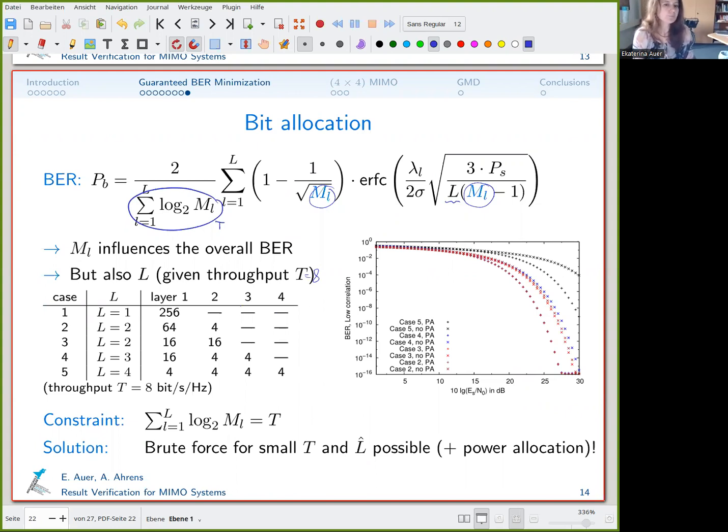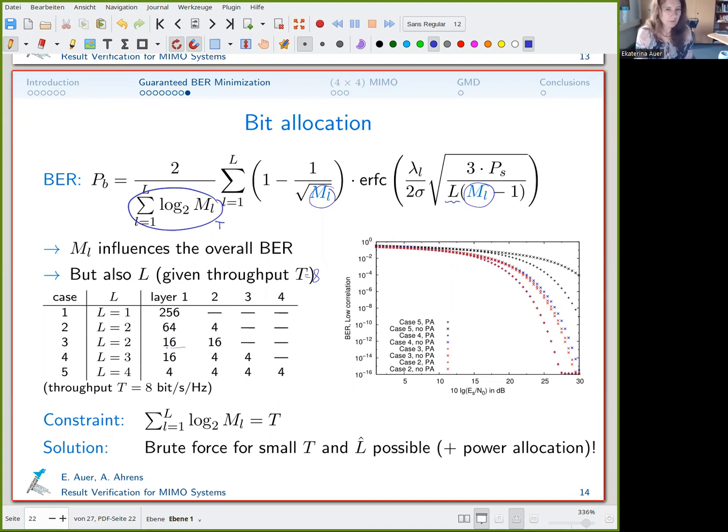Here's how the corresponding BER would look for the case of lower correlation. We see that the chosen number of active layers gives us better or worse BER. If we have a throughput which is relatively small, then we can just use a brute force approach to find the optimal constellation form.